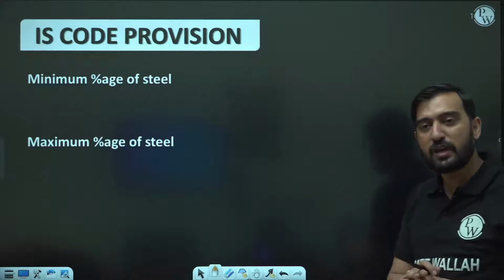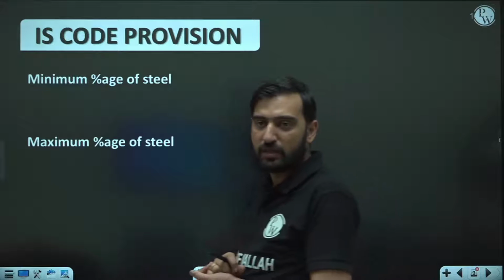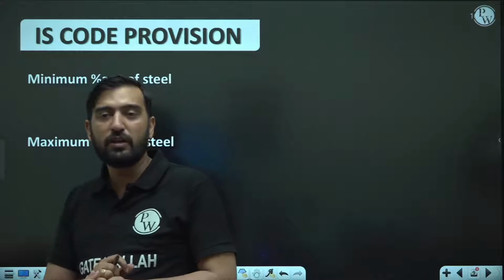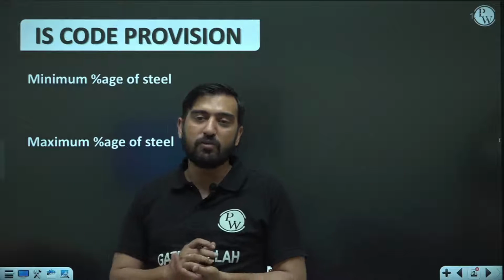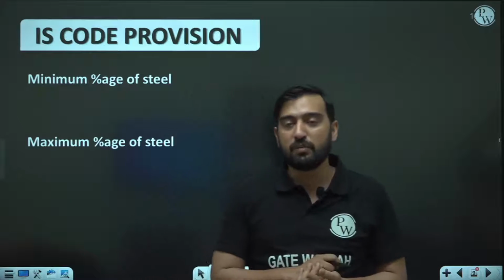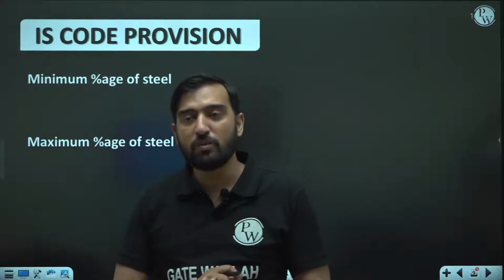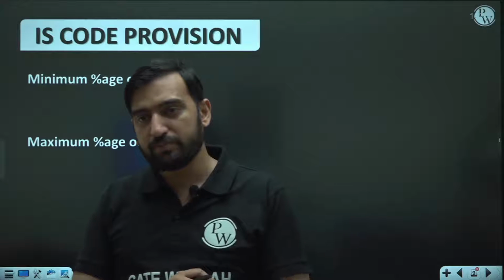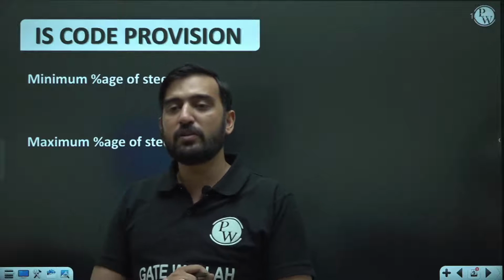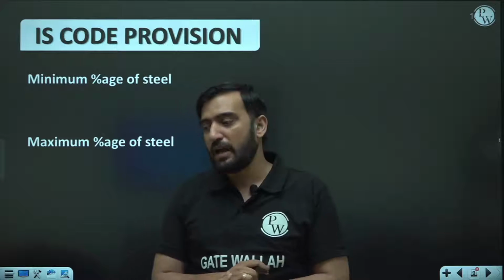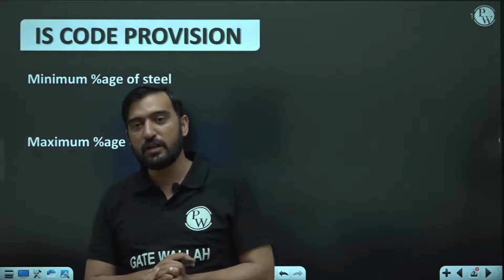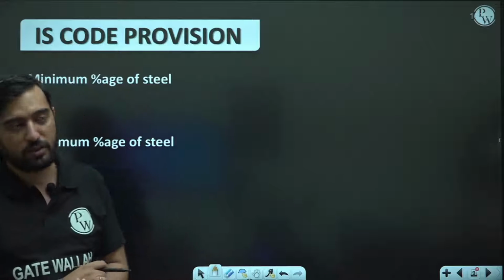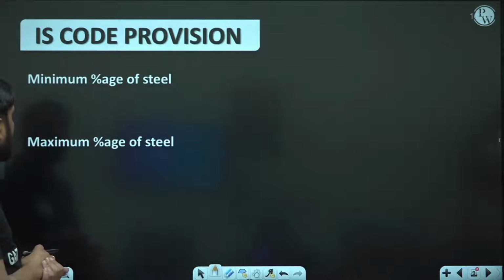We must know all such criteria, like the minimum number of bars required in a rectangular column, the minimum number of bars required in a circular column, the minimum diameter, the minimum percentage of steel, and the maximum percentage of steel. So let me start writing one by one.